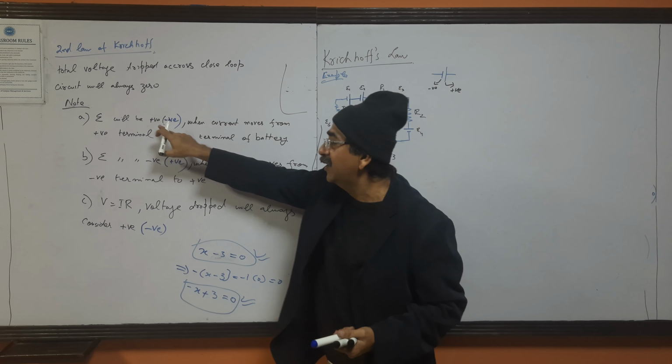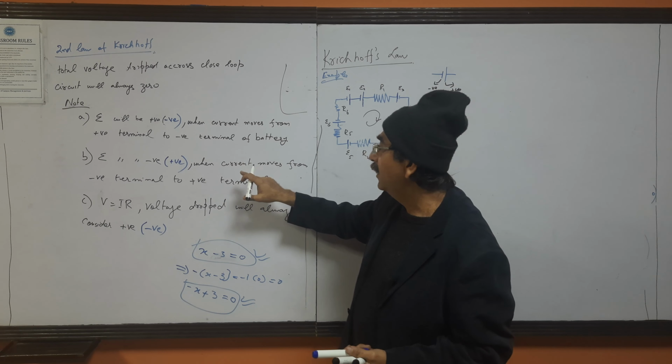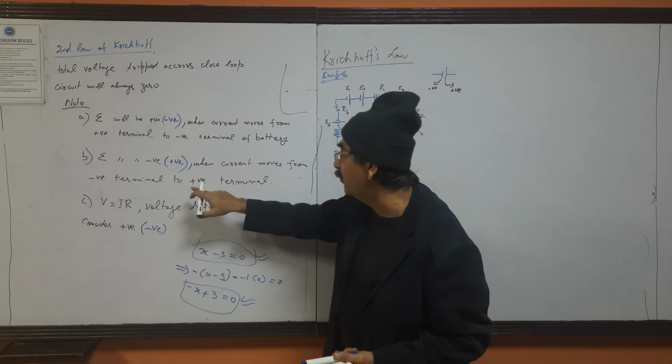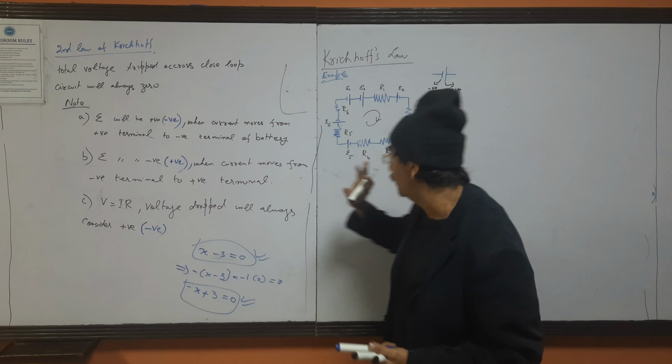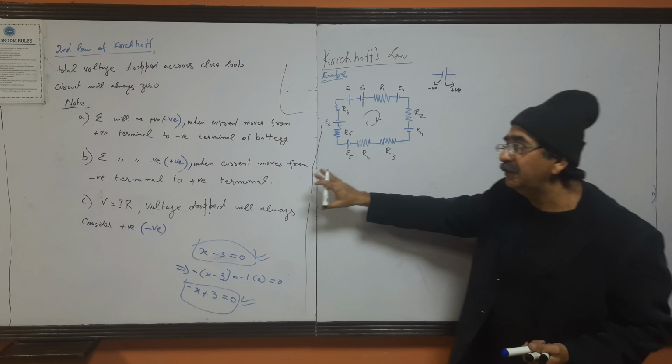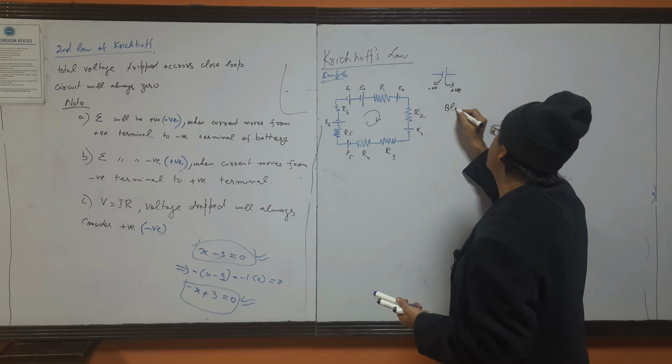Positive to negative is positive, and negative to positive is negative, and current will always be positive. So we are following the black rule.